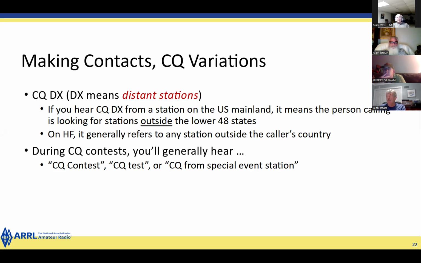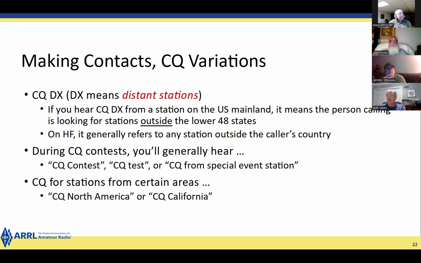Another popular one is the 13 colonies, Britain and France. There are all kinds of those things going on all the time. And again, somebody's going to say CQ California perhaps, or CQ North America, whatever it happens to be.